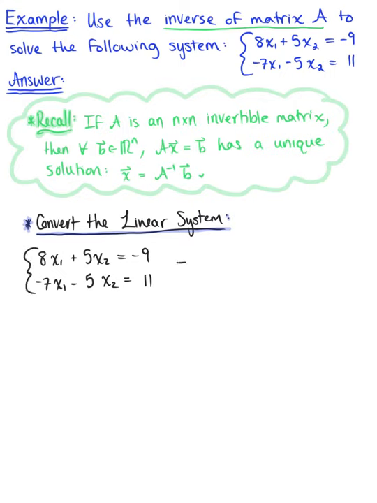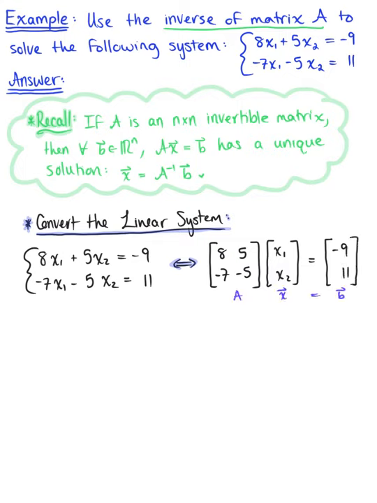So we know that this linear system is equivalent to the following matrix equation. We have the 2 by 2 matrix A, 8, 5, negative 7, negative 5, multiplied by the vector x in R2. So it has two entries, x sub 1, x sub 2. And this is equal to the constant vector, negative 9, 11.